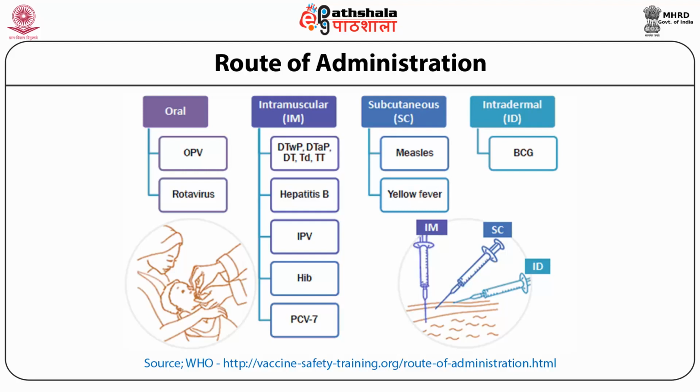Intramuscular vaccination is used for the antigens which are irritating, for example tetanus, diphtheria vaccine, and generally these also contain adjuvants. Subcutaneous mode of administration is used for live viral vaccine to lessen the discomfort due to local inflammation, for example yellow fever vaccine. Intradermal injection, BCG vaccine, to reduce the amount of antigen needed.